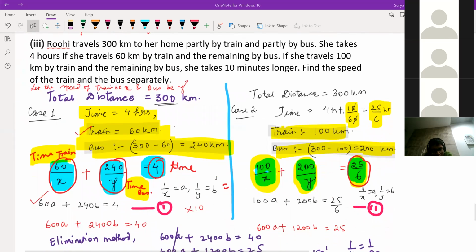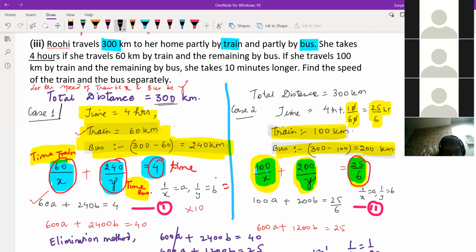Now see, Ruhi travels 300 kilometers to her home, partly by train and partly by bus. Total 300 kilometers. She is covering by train as well as by bus. We don't know how much by bus, how much by train. She takes 4 hours if she travels 60 kilometers by train and the remaining by bus.